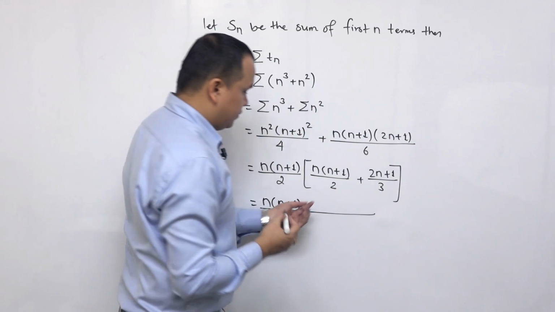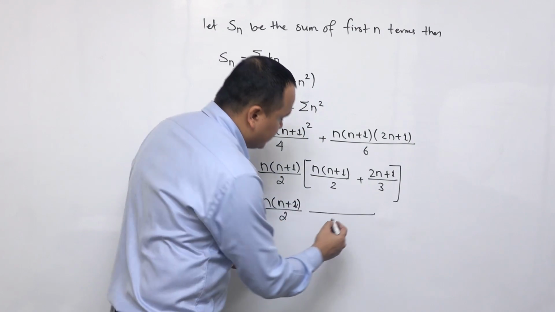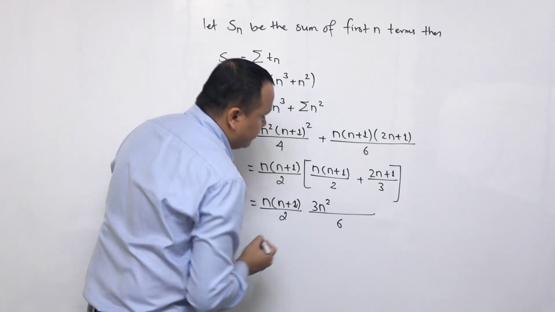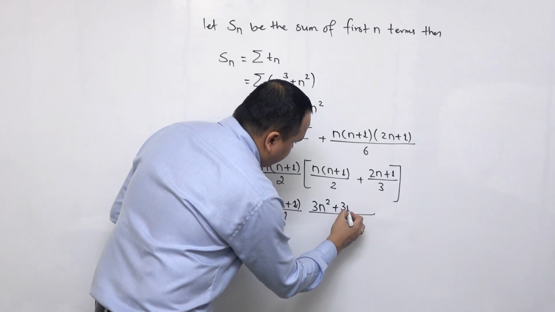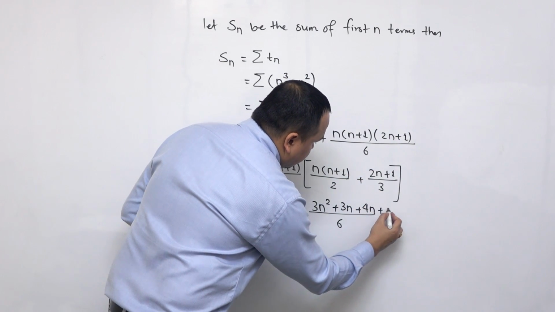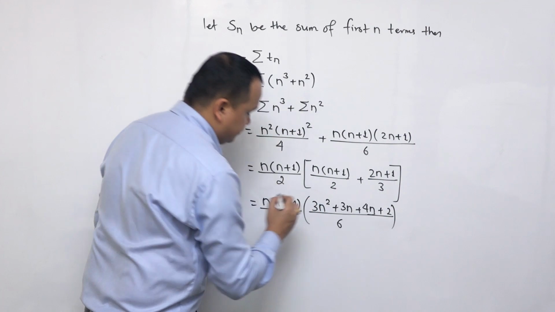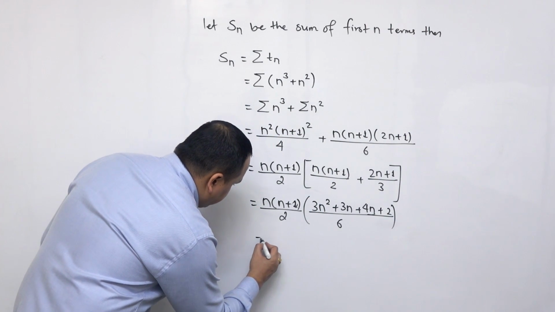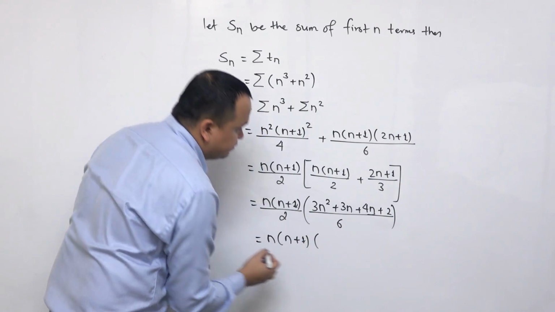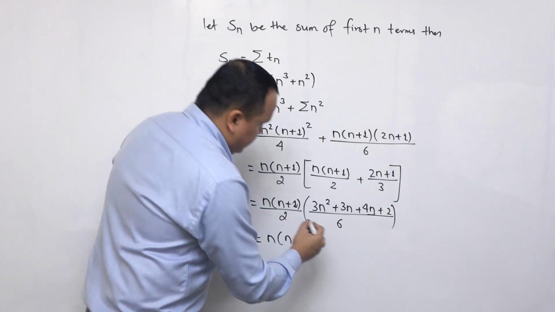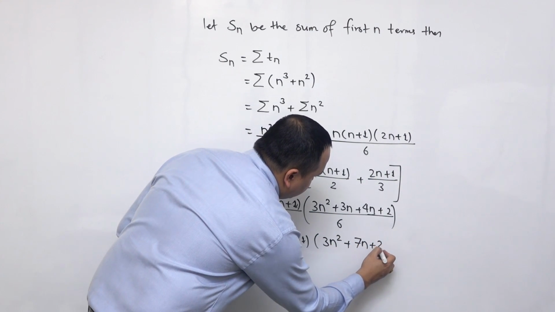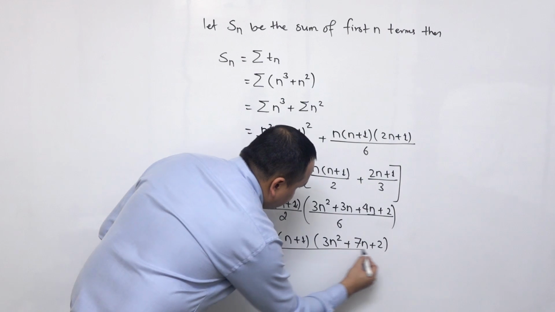Taking LCM, the 2 into 3, 6, and 3 times the 3n square plus 3n plus 4n plus 2, and this is n times n plus 1 into 3n square plus 7n plus 2 divided by 12.